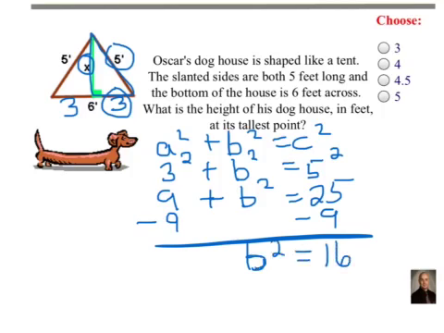If b squared is 16, if I take the square root of both sides, then b equals 4. So it looks like our doghouse for Oscar is 4 feet tall, so we would bubble in 4 as our answer on this multiple choice question.